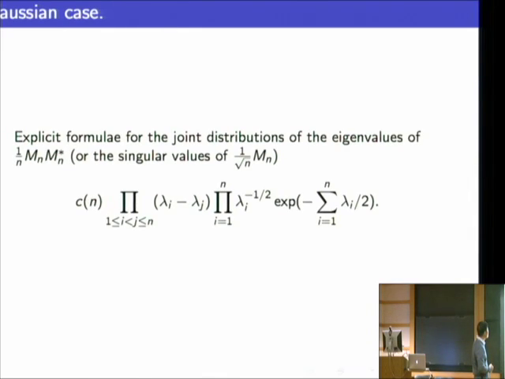And most problems for the Gaussian case are solved because of the fact that we have the joint distribution formula for the eigenvalues of Mn times Mn star, which is the square of the singular values.